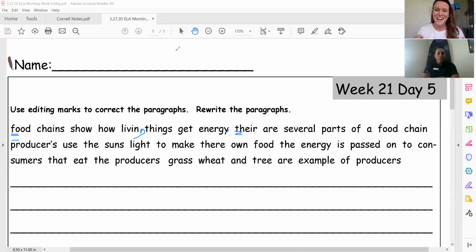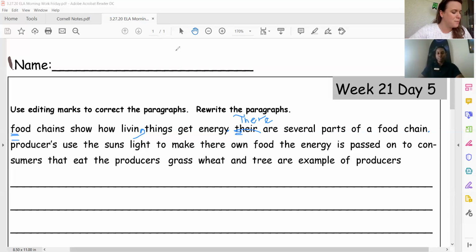I did not know that was the word, possessive. Yes, it is a possessive pronoun. So it means it belongs to them. But that's not what we're talking about. We're talking about there are several parts of a food chain. So we can use this type of there. There we go. And a period at the end.